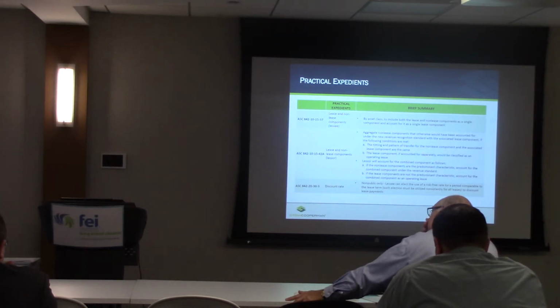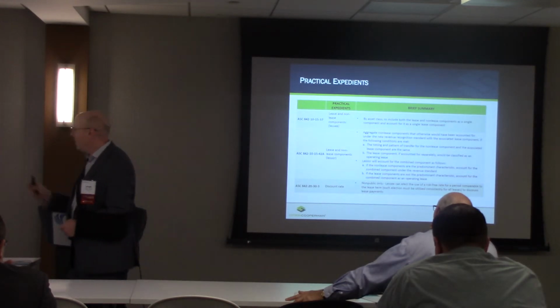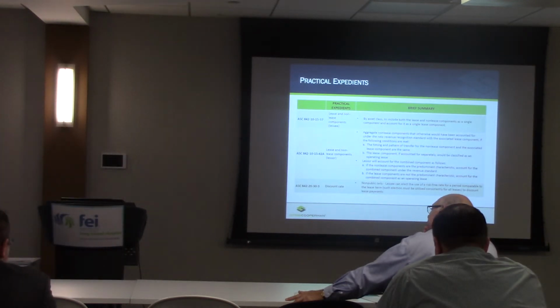For a lessor, it's obviously a little bit more involved. It's in your handout, so you can certainly read it. This is probably copied directly from GAAP. The discount rate, just highlighting that again. I think these are certainly ones to look at. Probably the discount rate is something that will help a lot.